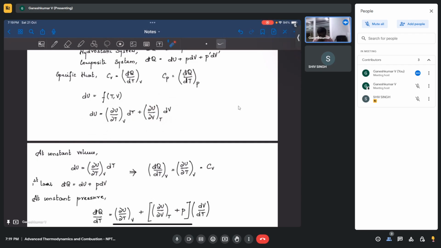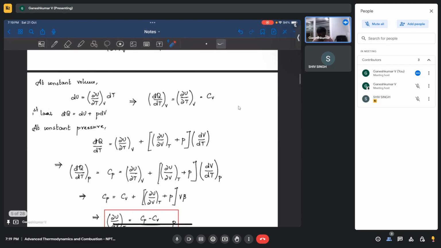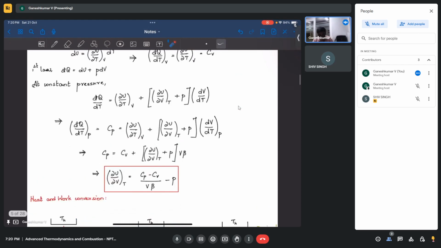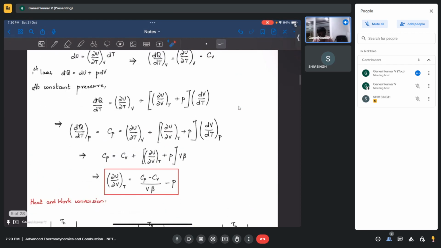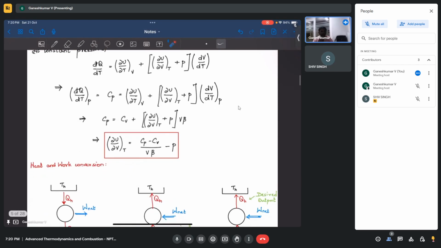If we continue with this process, at constant volume there is no pressure work. So the change in internal energy is nothing but the amount of heat required, from the first law of thermodynamics. If you put that in, you get CV, and then you continue manipulating these equations, and finally you end up with how internal energy changes with respect to volume.